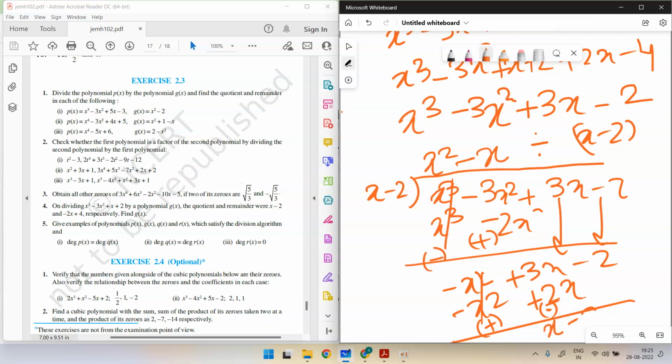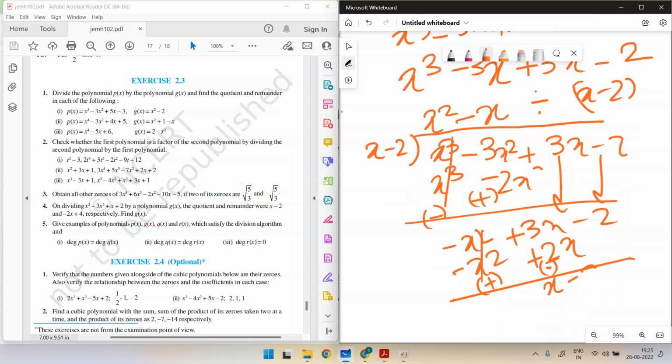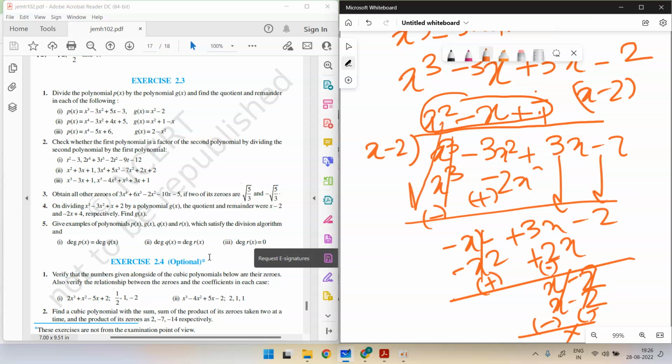Now to get this, you need to multiply x minus 2 by plus 1. So you subtract and it becomes 0. So you find the divisor g(x). Your polynomial g(x) is x square minus x plus 1.